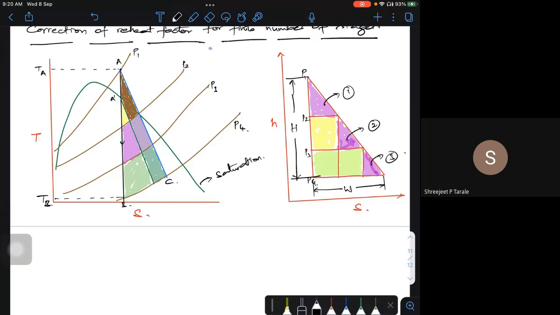So what will happen actually? This particular thing should be brought in. It should be as much as possible, it should be minimal. Bigger, I can easily accommodate.